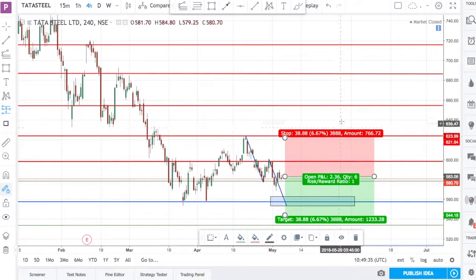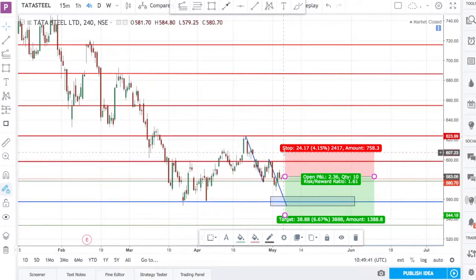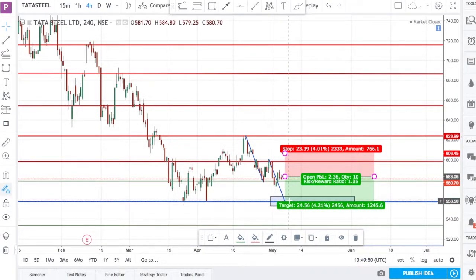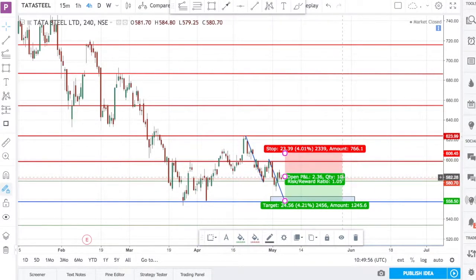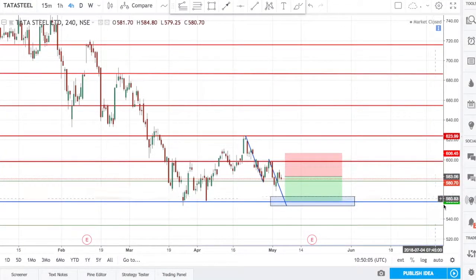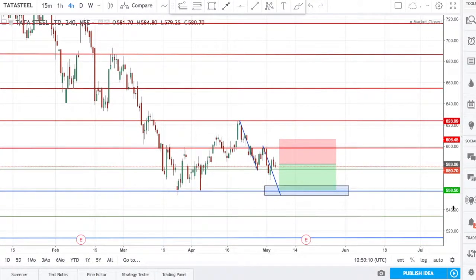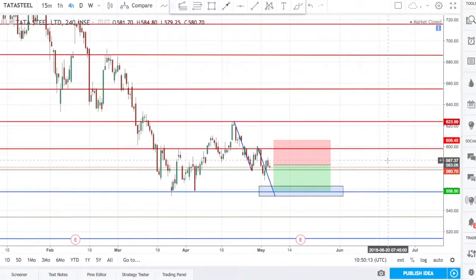Imagining the market opens somewhere here in the next trading session, our stop loss has to be just above the most recent high, and our target has to be this. So let's see how this trade plays out in the next few trading sessions.